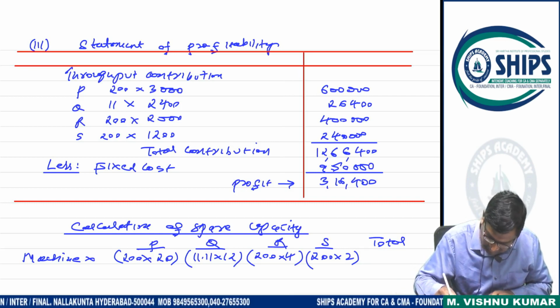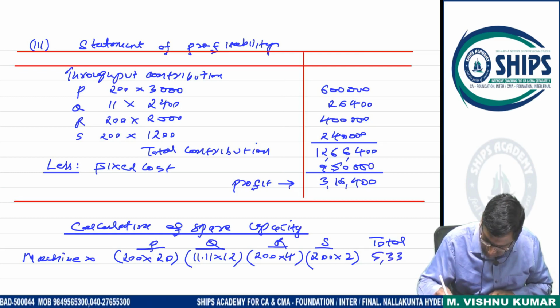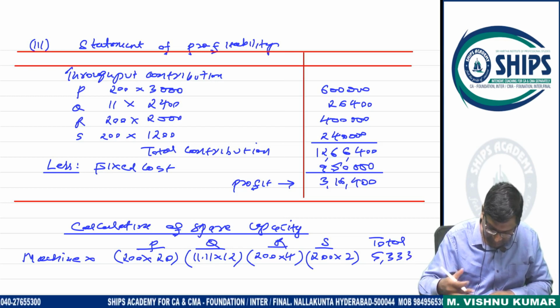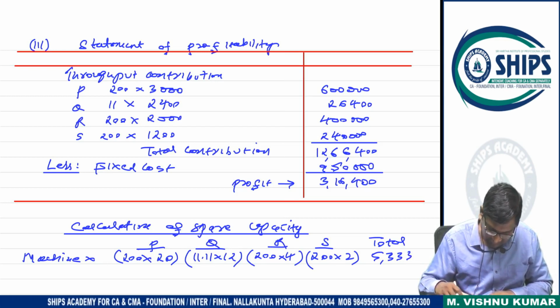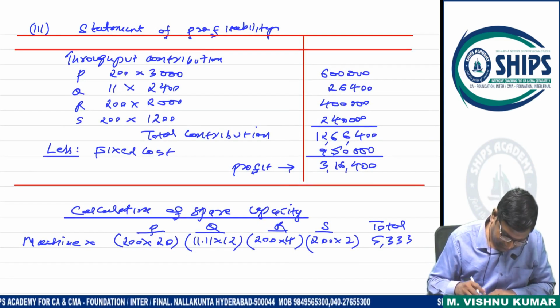So 5333 coming here. 5333. It means if machine X is used for producing the units according to the bottleneck department. So the bottleneck is Y. So according to that only, other machines also will be used, no? Yes, sir. So if I'm using machine X here, 5333 hours required.